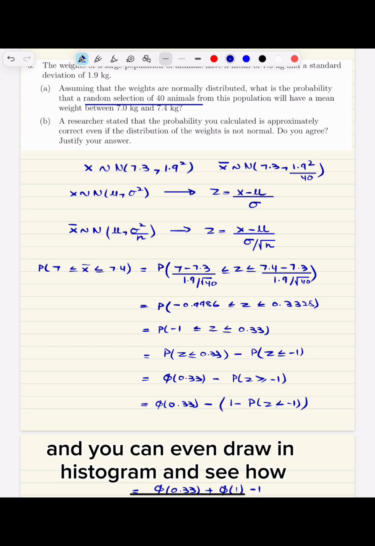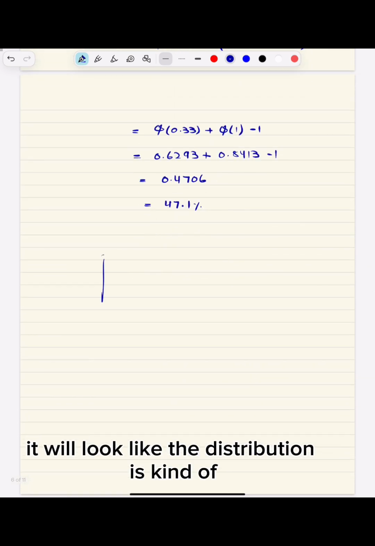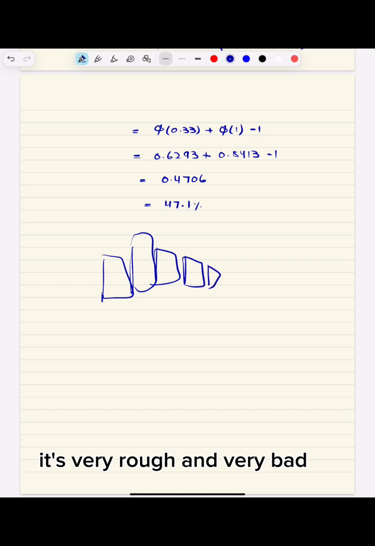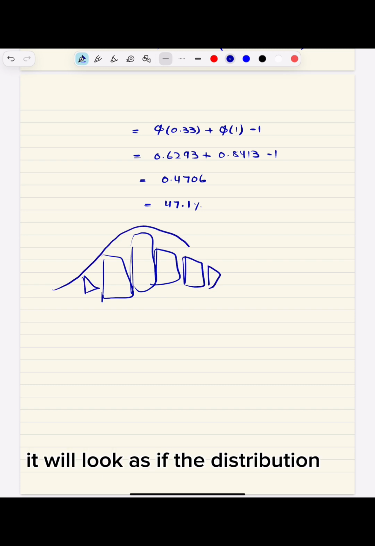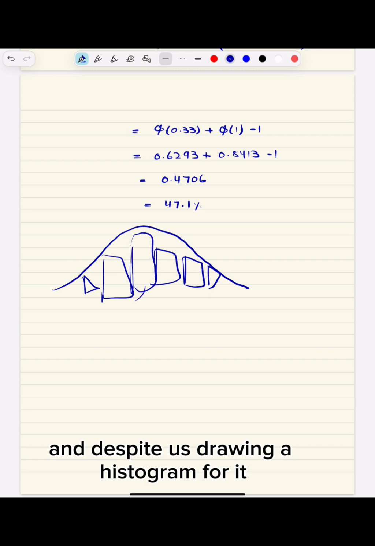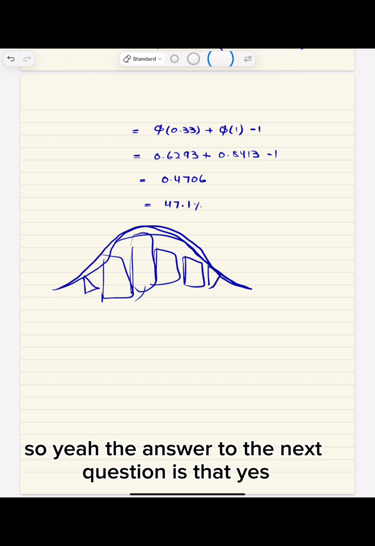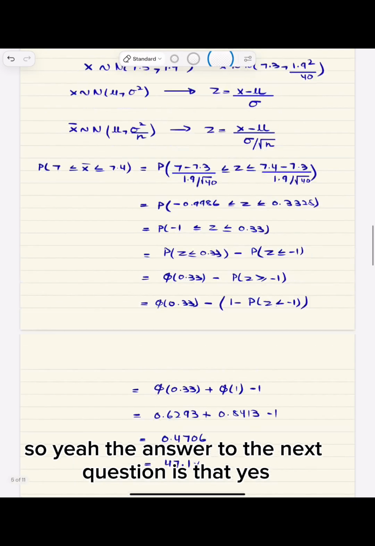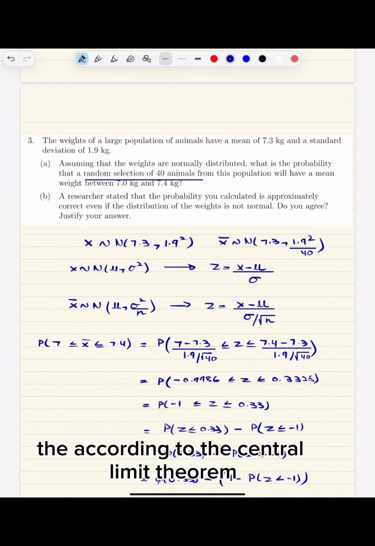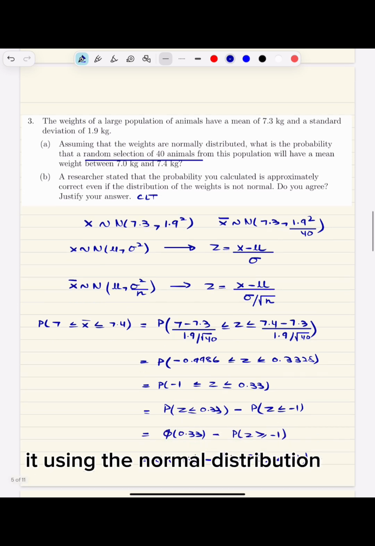And you can even draw a histogram and see how it will look. It will look as if the distribution, despite being discrete and despite us drawing a histogram for it, is normal. So yeah, the answer to the question is that yes, according to the central limit theorem, you can approximate it using the normal distribution.